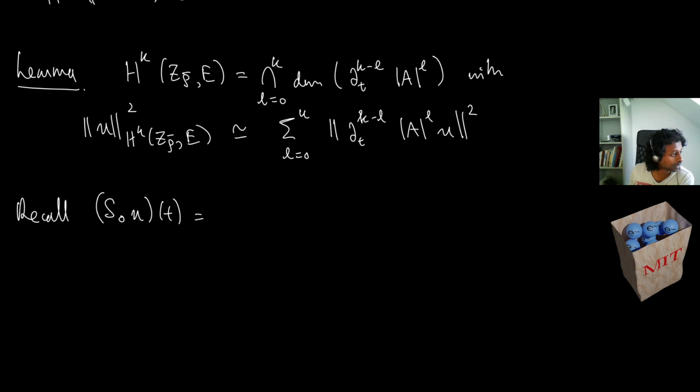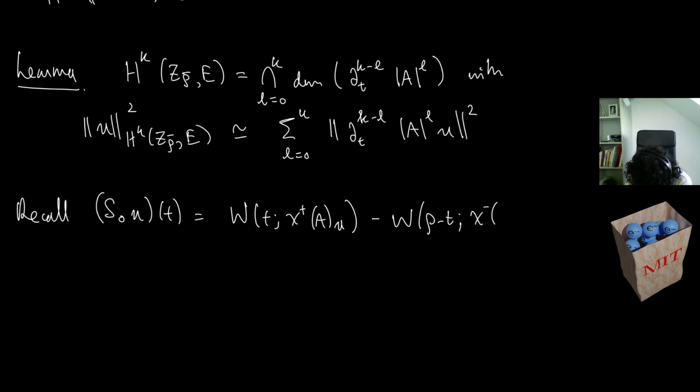So this was W of t chi plus of A of u minus W of rho minus t of chi minus A, now with this c rho applied to u, which is this coordinate transform, remember, where c rho of u of t is equal to u of rho minus t.